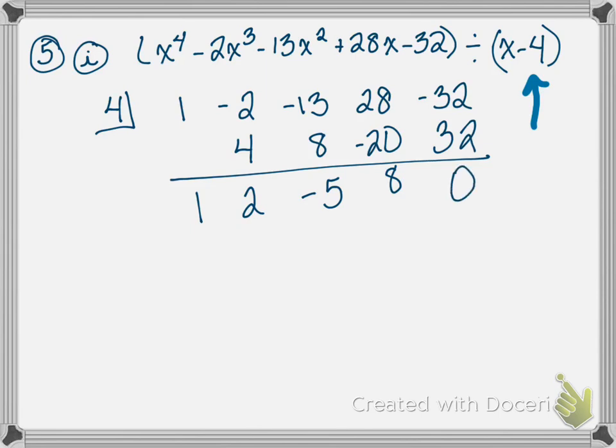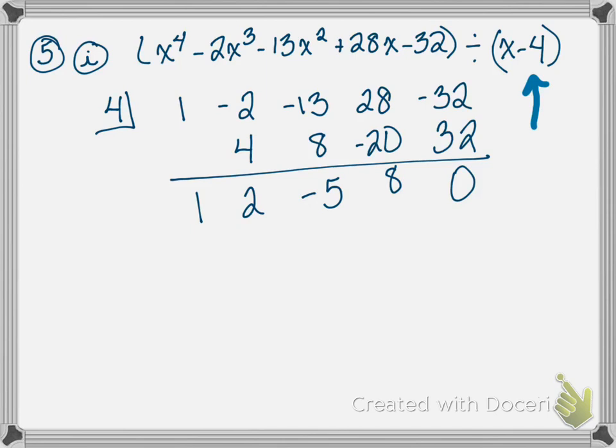Okay, so I have a remainder of 0, and if you remember, when I get a remainder of 0, that means that x minus 4 is a factor of my larger polynomial, and that 4 is a solution to this polynomial. Now, we're only being asked to divide, so what you need to do now is write the answer.